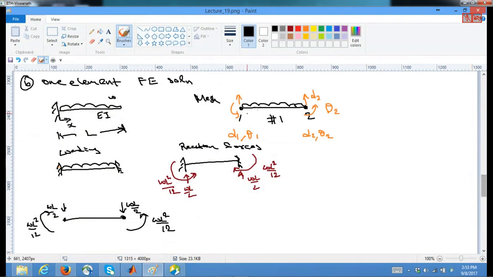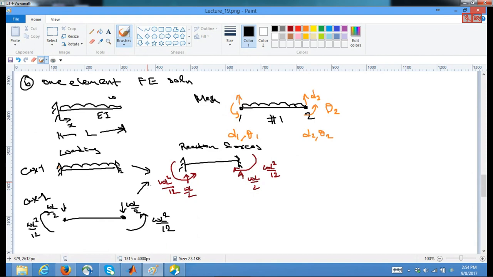So when I come to this, this is loading 1, case 1. This is case 2. Case 1 has this reaction force, and case 2 has WL by 2 downward, WL by 2 downward, a moment here in the clockwise direction, and a moment here in the anti-clockwise direction.